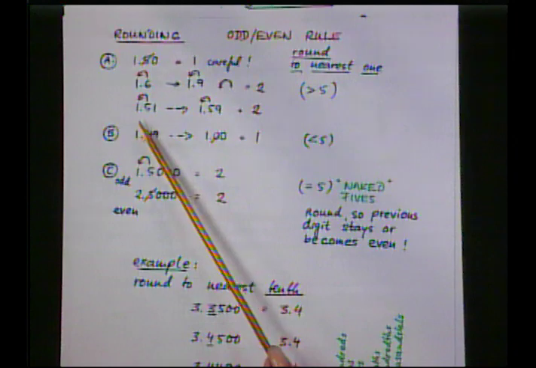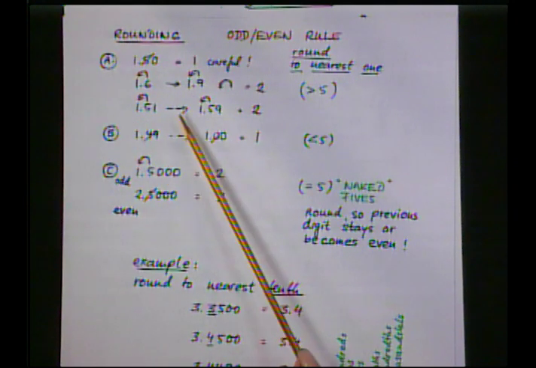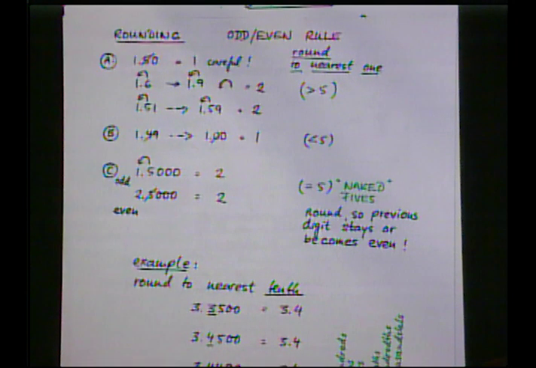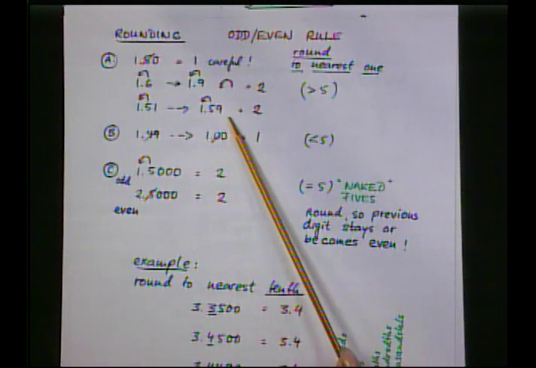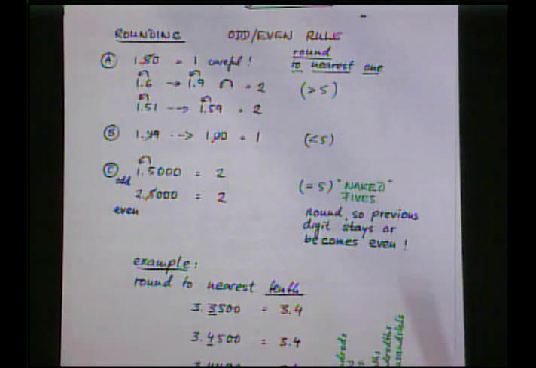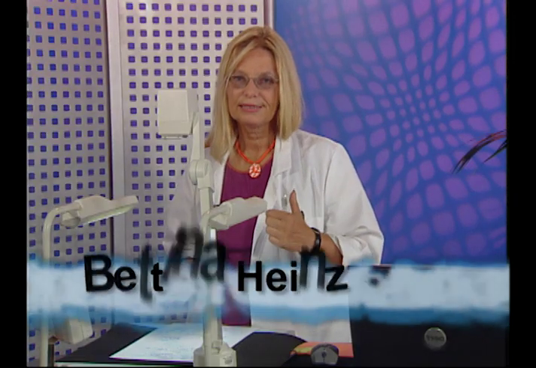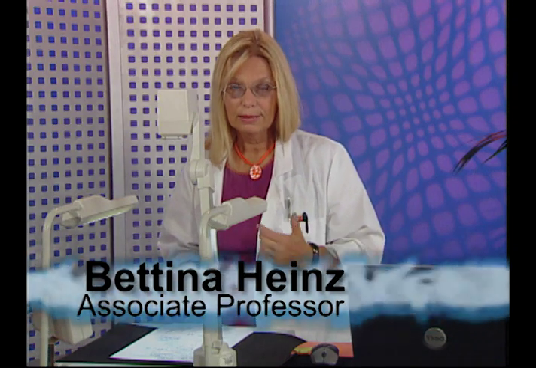And if the number becomes odd, then we just drop the 5. However, a 5 that has numbers behind it will always be rounded. But a naked 5, we have the odd and even rule. So a 5 that is rounded to the next or the previous even number is going to move. And if the previous number does not become even, then it's just plain old dropped.